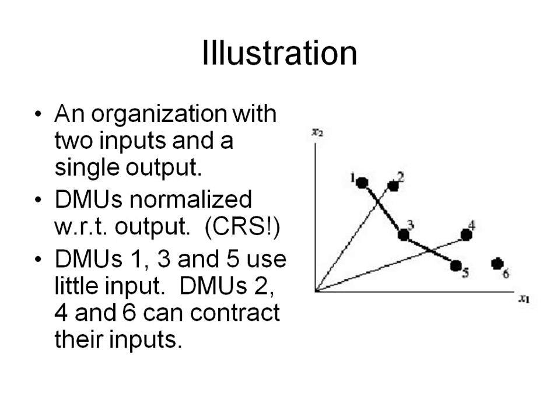Well, here in this example, we are going to use the alternative point of view, which is equivalent, namely that of input contraction. So take firm 2. By how much could we contract its input vector?